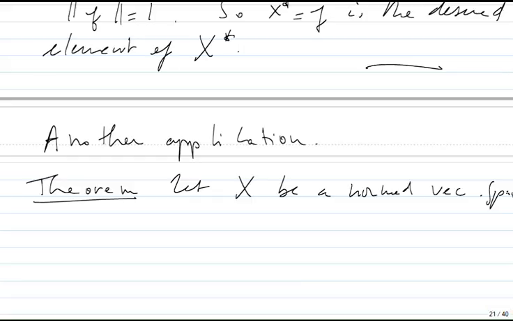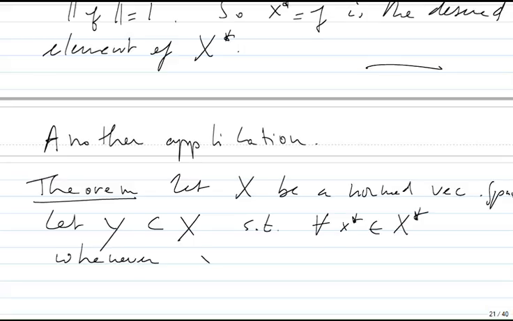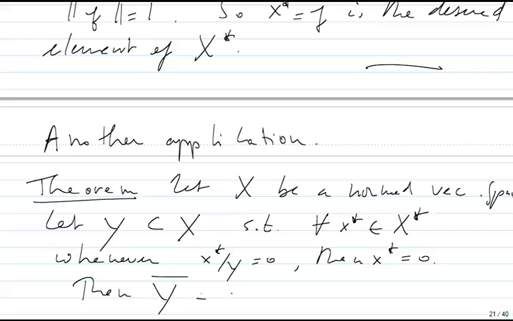Let Y be a subspace of X such that for any X star in the dual space, whenever X star reduced to Y is equal to 0, then X star is equal to 0. So, in other words, whenever you have a linear functional equal to 0 on the subspace Y, then it's equal to 0 on the entire space. Then Y, in fact, is dense in X.